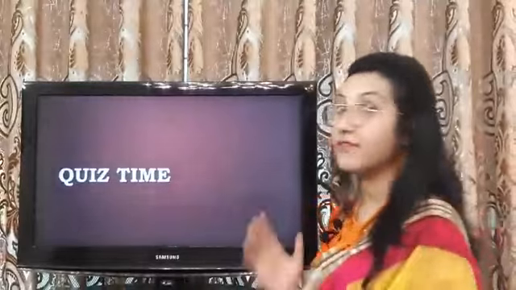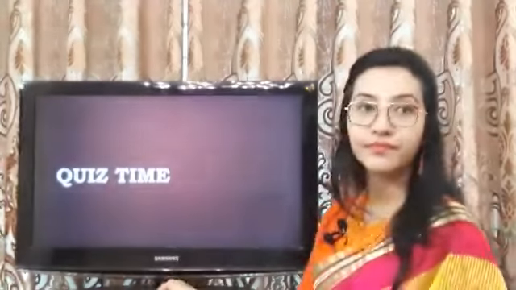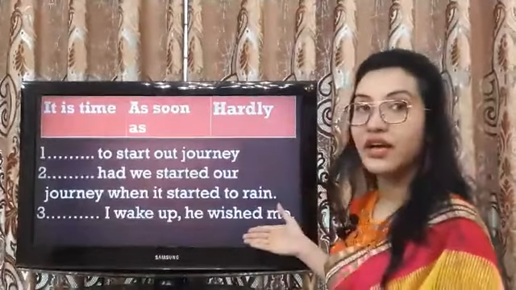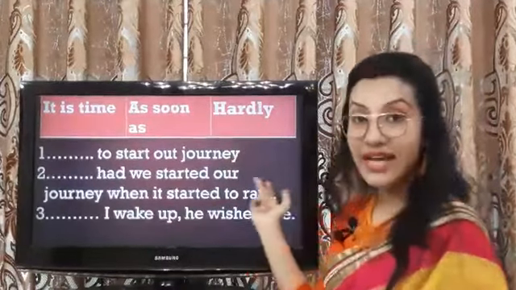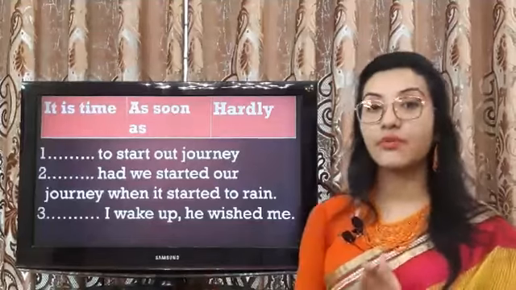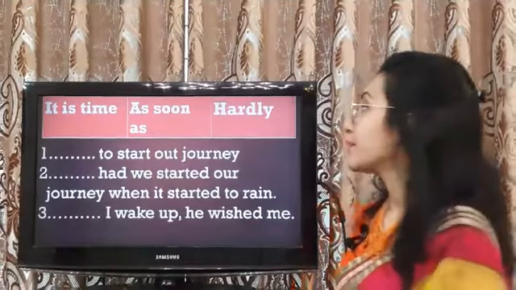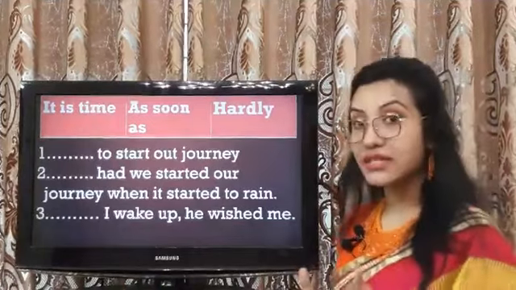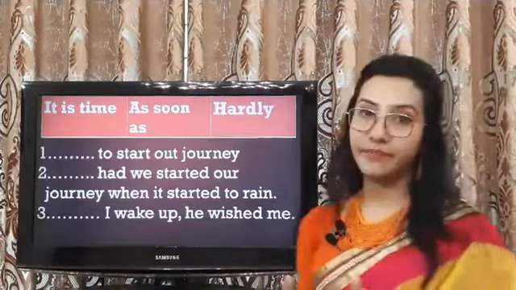So we have almost come to the end of the class. Before we finish our class, let's have another quiz. Now again, we have 3 sentences here and we have 3 clues as well. We have to put the right one in the right blank. The first clue is it is time. Second clue is as soon as. Third clue is hardly.